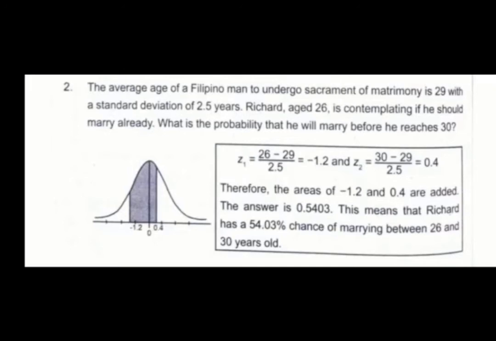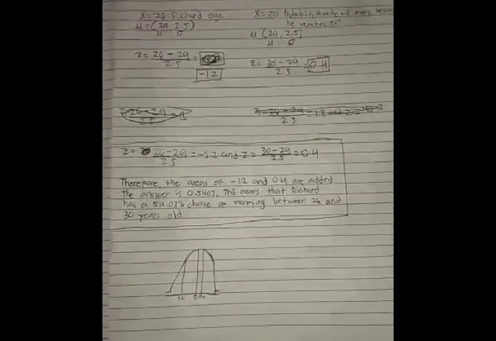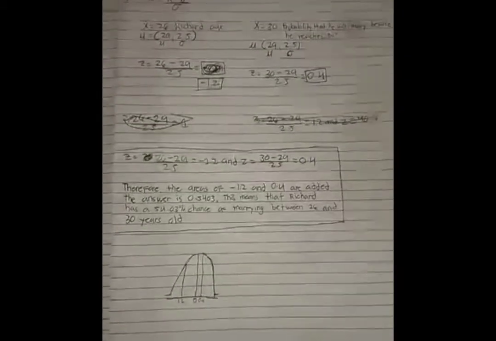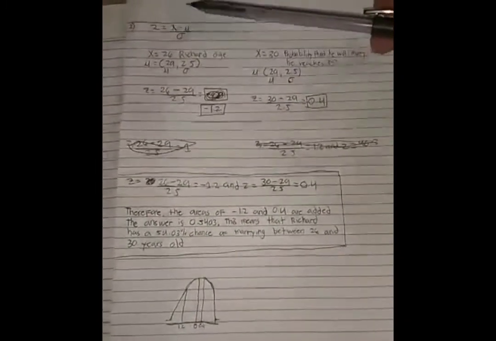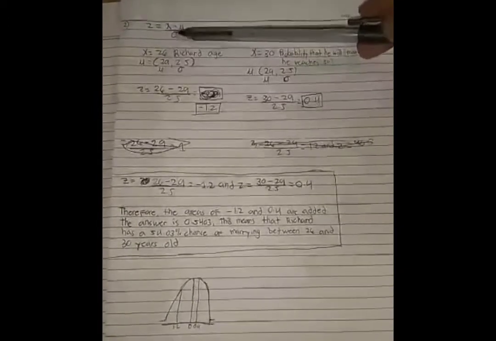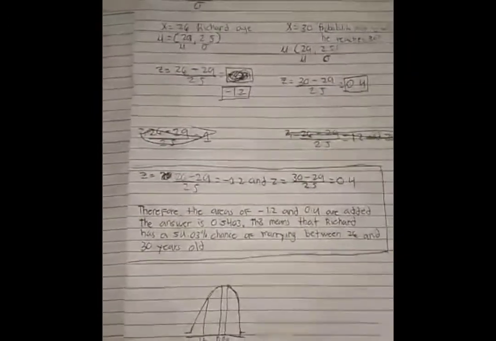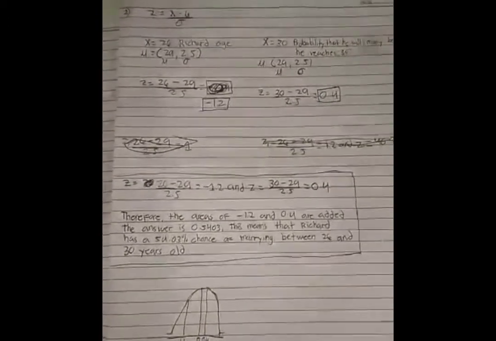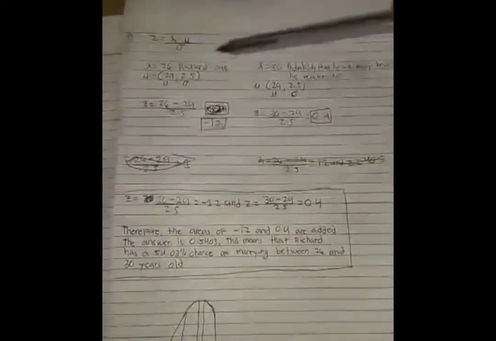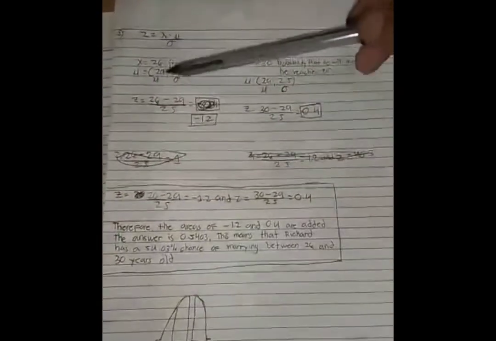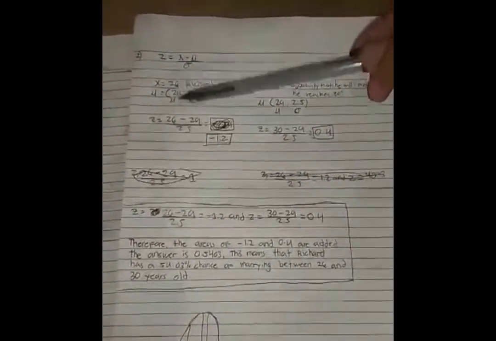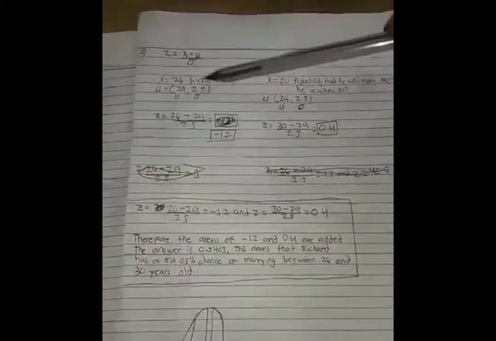Yan. So, punta na tayo sa ating z-score formula. Gaya lang din kanina, copy the formula, which is z equals x minus mu over sigma. Ang ating variable is 26, that is the age of Richard. Lagay natin dito. And ating mean kanina is given na. We need to copy, that is 29, and the standard deviation is 2.5.